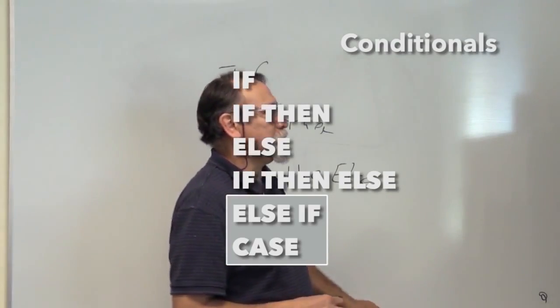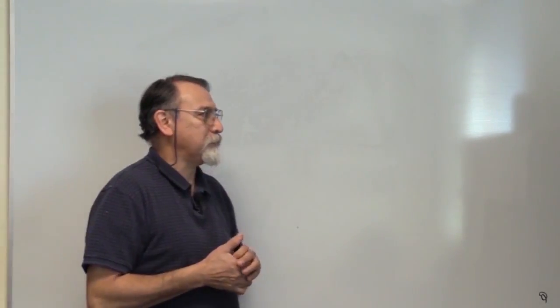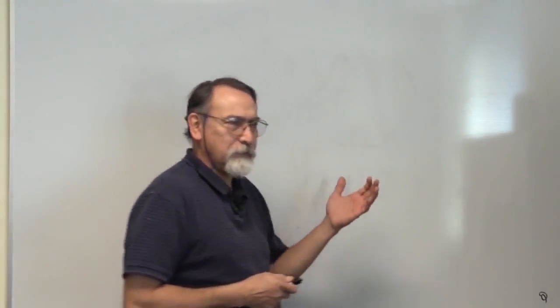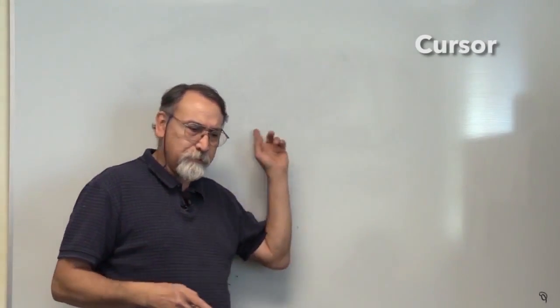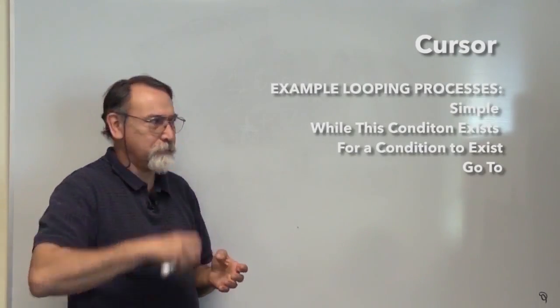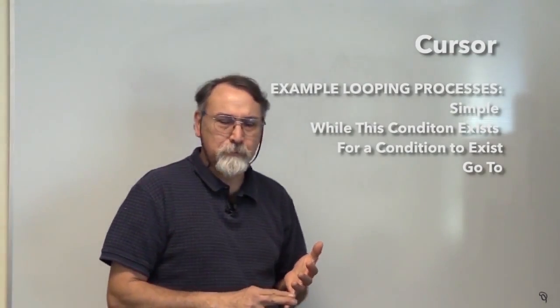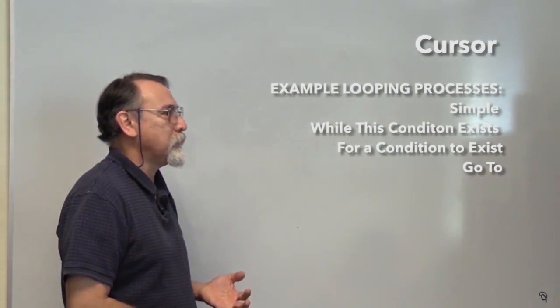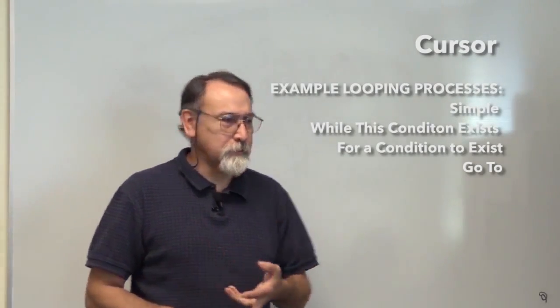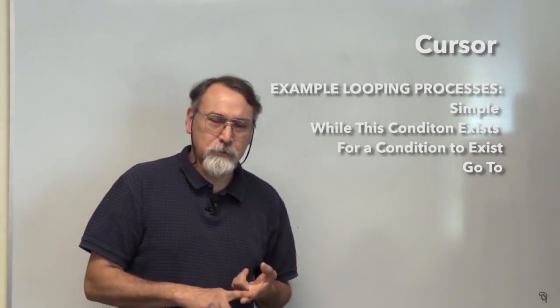So that covers the conditional stuff, the other action. In the conditionals, like in the cursor, when you bring information in, you're going to bring a whole bunch of data in, and then you're going to loop through it. So understand that in this looping process, there is the simple loop, there is the while this condition exists loop, there is the for loop, or the goto.